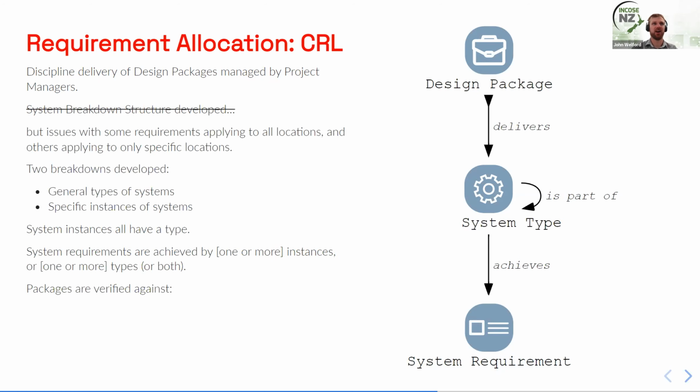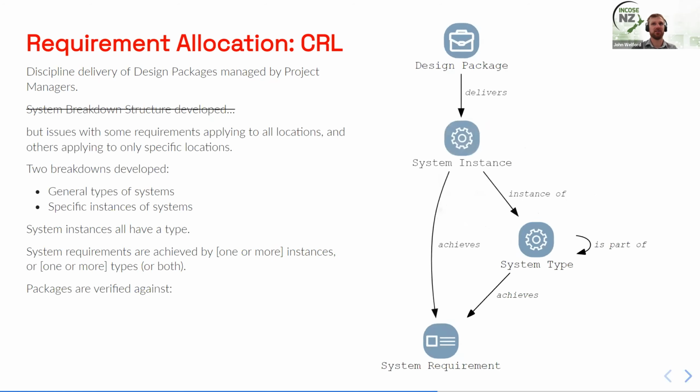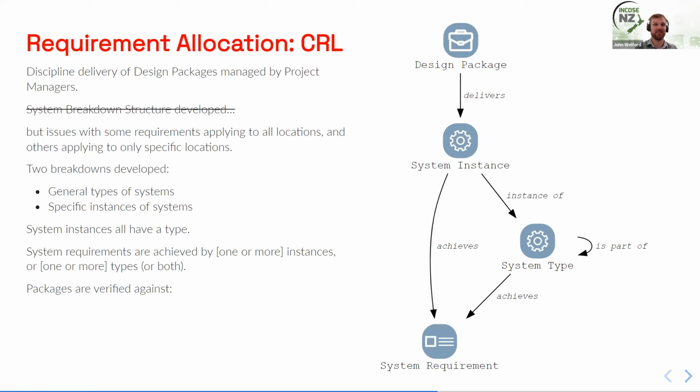Some requirements will apply to a specific location, and some of them will apply to everything in all the locations. So what we've done to address this is separate the concept of types of system from specific instances of systems.